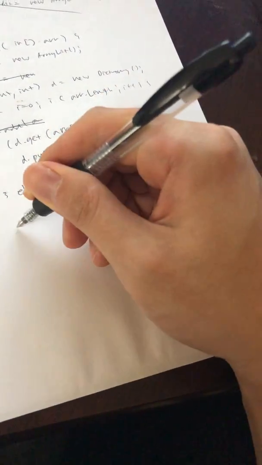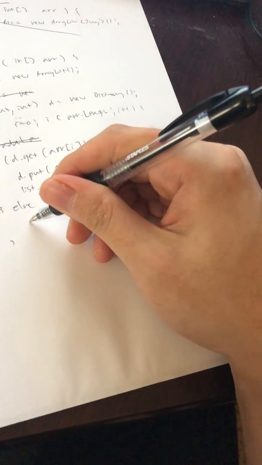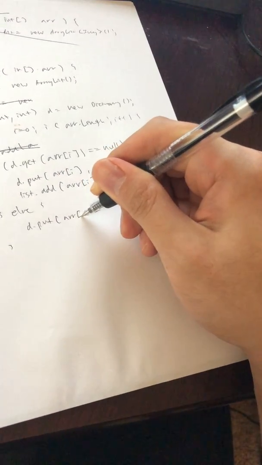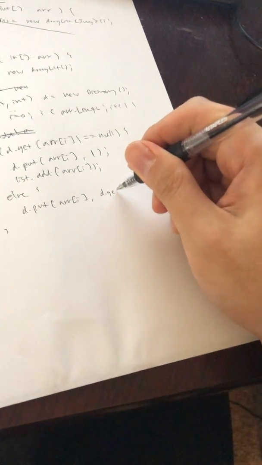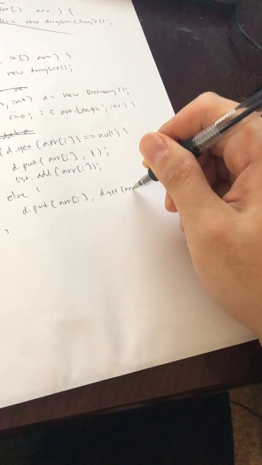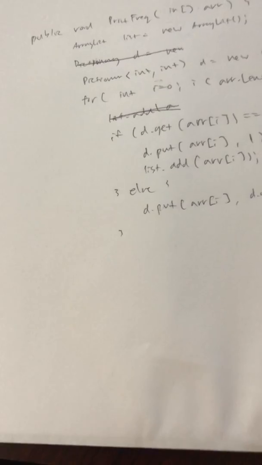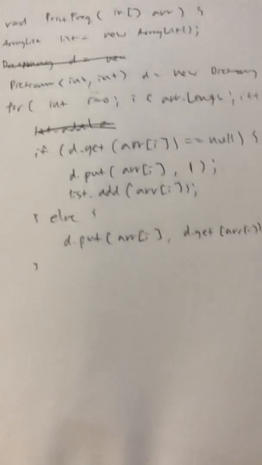Else, if the element is already in the dictionary, I'm going to do d dot put r i, d dot get r i plus 1. So what it's essentially doing is incrementing the frequency when the dictionary has already seen the element.